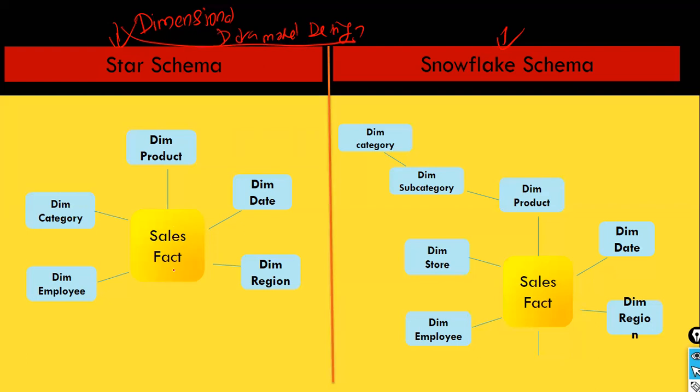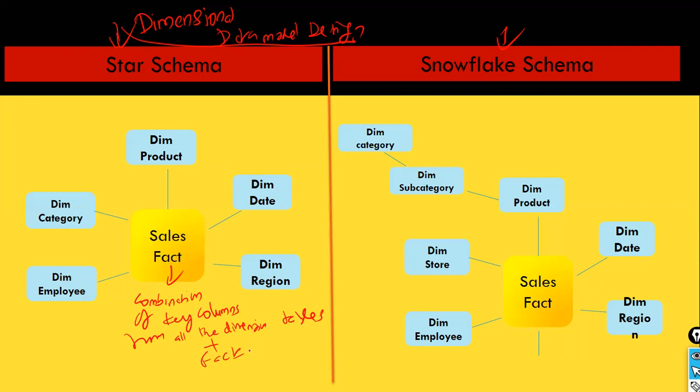So what is this sales fact all about? What does it comprise? It has the combination of key columns from all the dimension tables, plus facts.